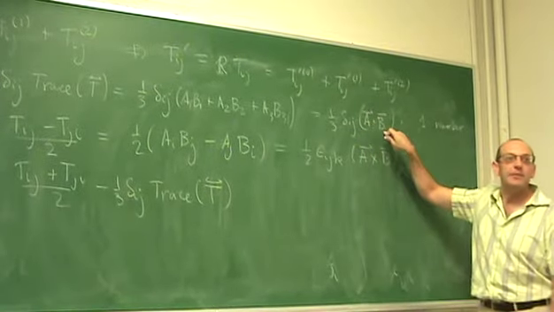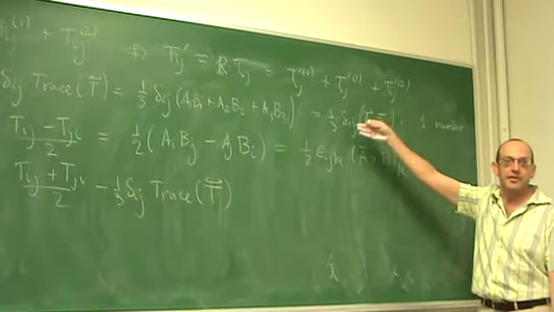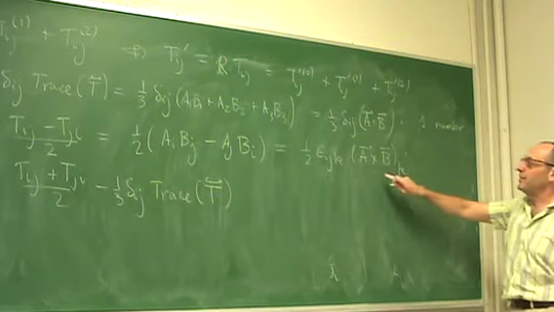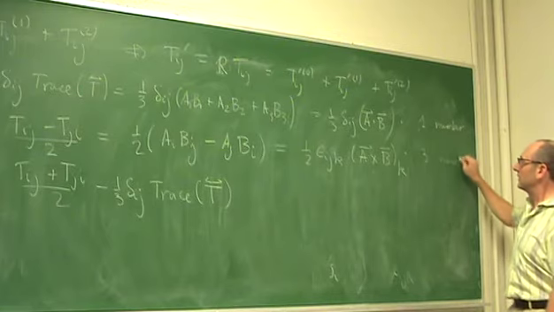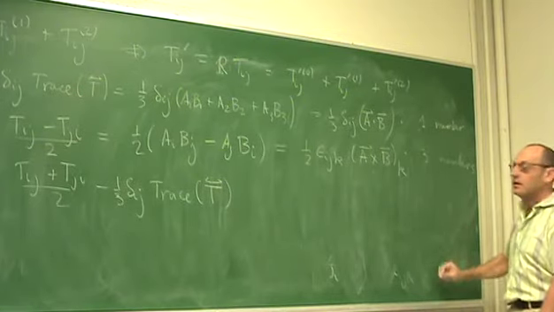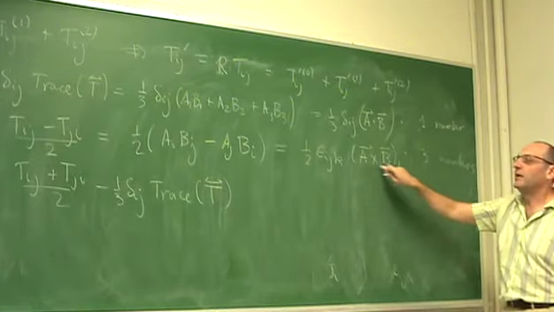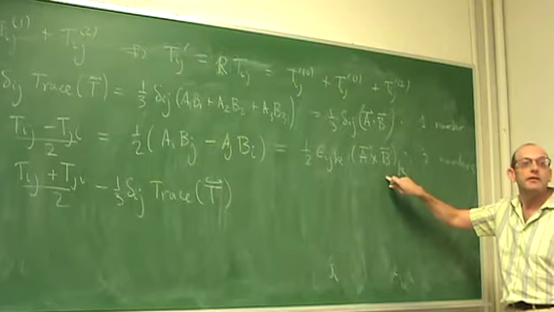It's just A dot B. This number tells me what this tensor is. In order to specify this, I have to specify three numbers. They are the three components of the cross product.